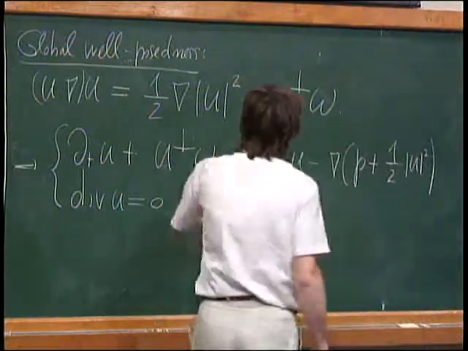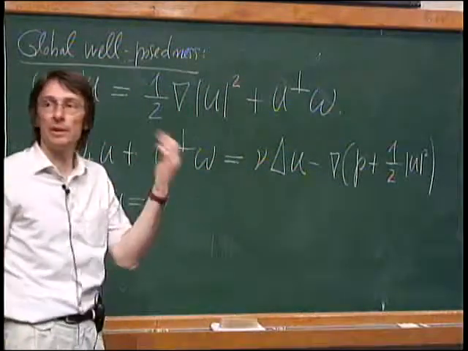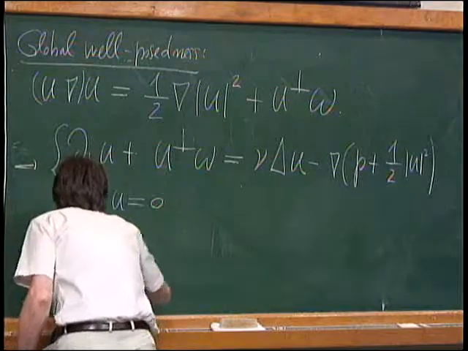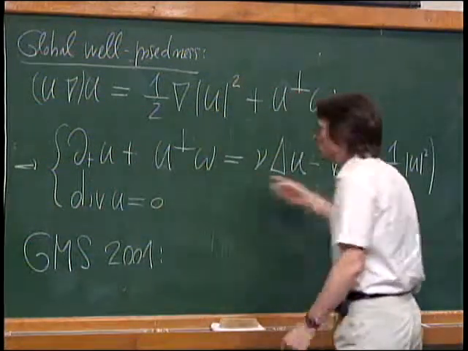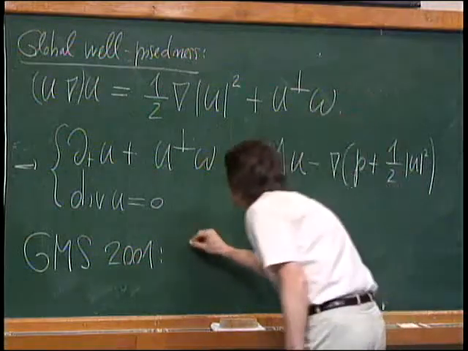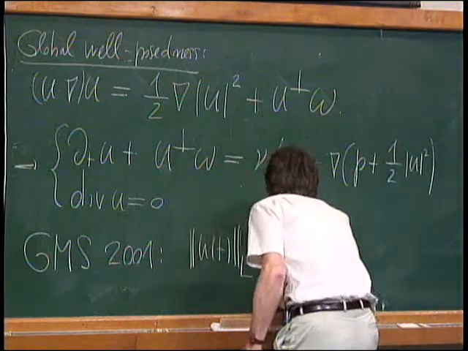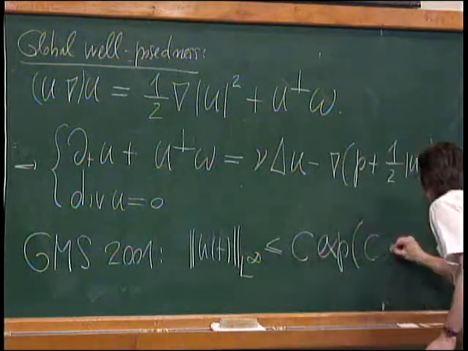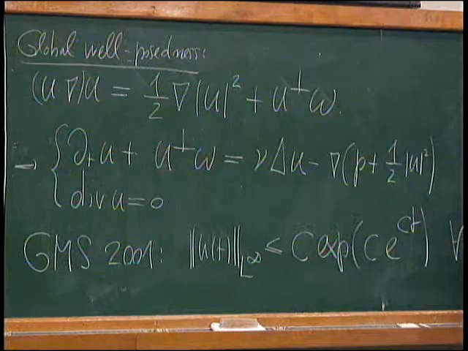Of course, there is a problem with the Leray projection here, and for that reason, you have to modify the argument a little bit. And what was done by Giga, Matsui, and Sawada in 2001, they obtained, using this remark and some tricks, that the norm of u of t in L infinity is less than a constant times exponential of exponential of constant times t, for all t.